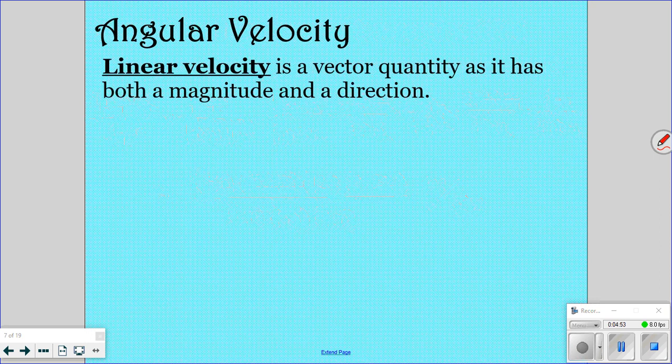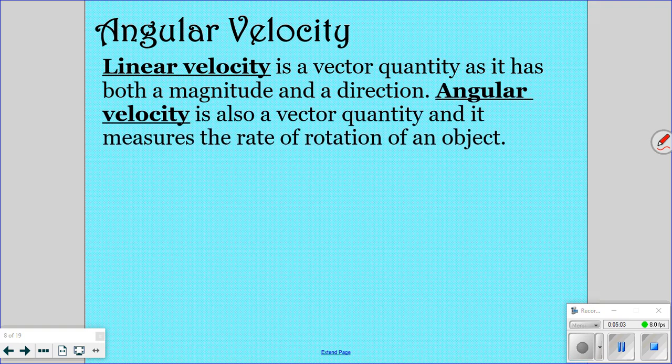So now we're going to be looking at angular velocity. Linear velocity is a vector quantity because it has both a magnitude and a direction. Angular velocity is also a vector quantity, and it measures the rate of rotation of an object. So linear velocity is how fast a car is moving. It's going 70 miles per hour. That's a linear speed. How fast you run on the football field.